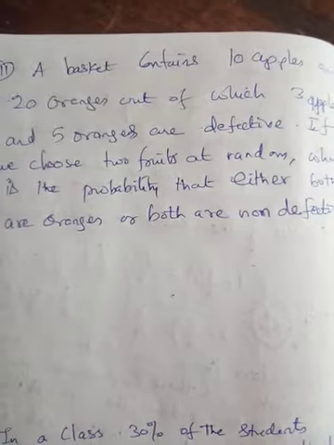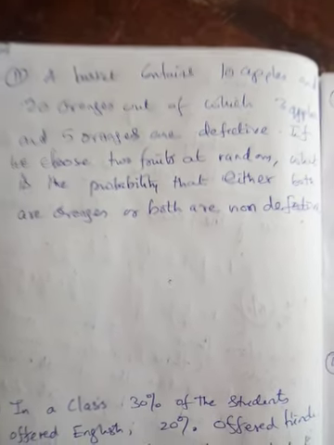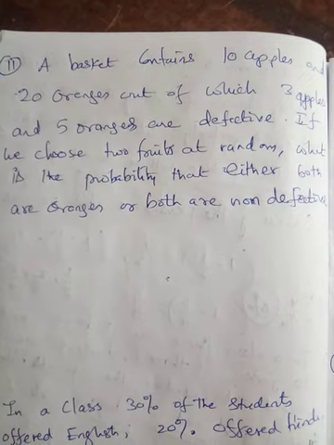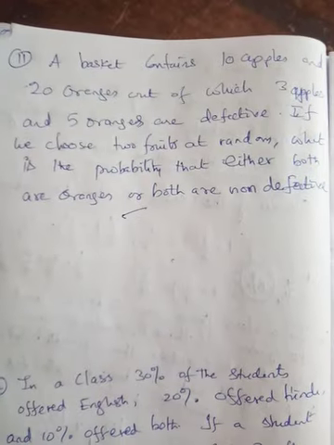If we choose 2 fruits at random, what is the probability that either both are oranges or, my dear students, both are non-defective?